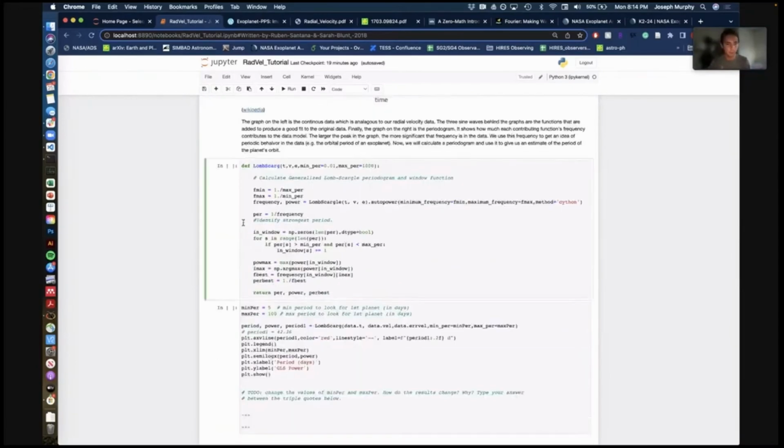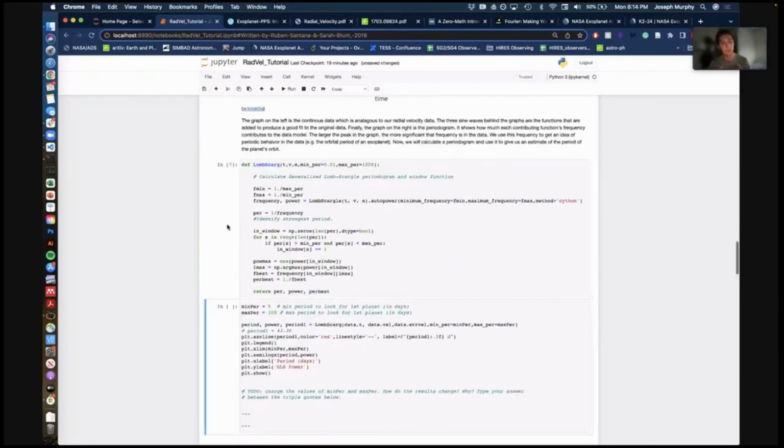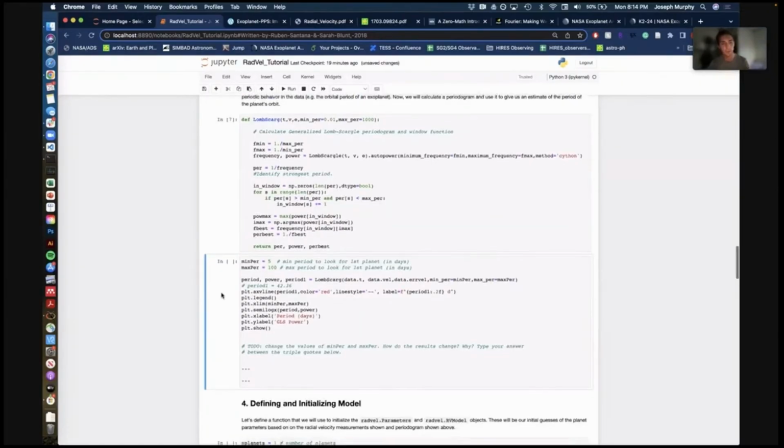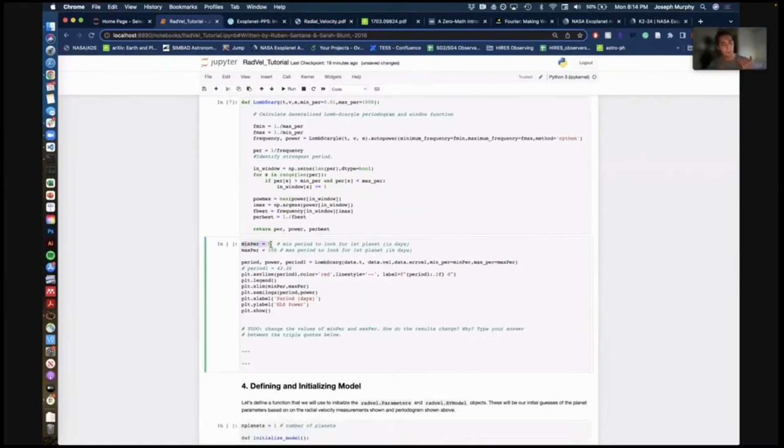So we have this little function that we're going to use to generate a periodogram. Let's just say we'll search for periodic signals between 5 and, to start, let's make it 1,000 days. I'm going to create my Lomb-Scargle periodogram with my data.